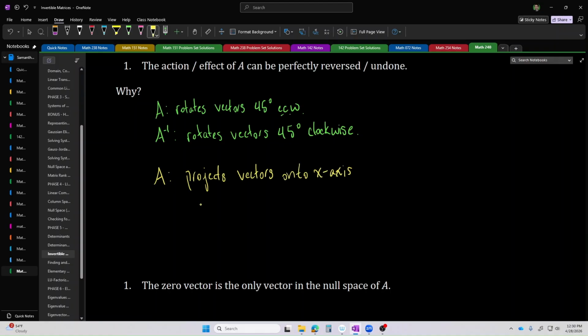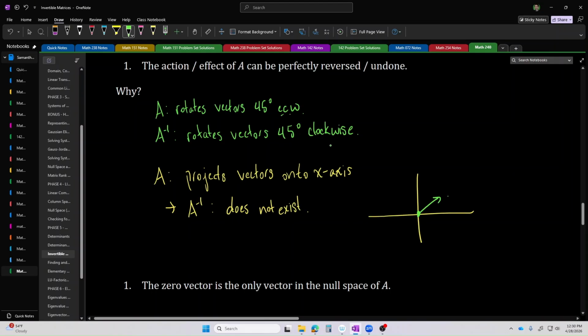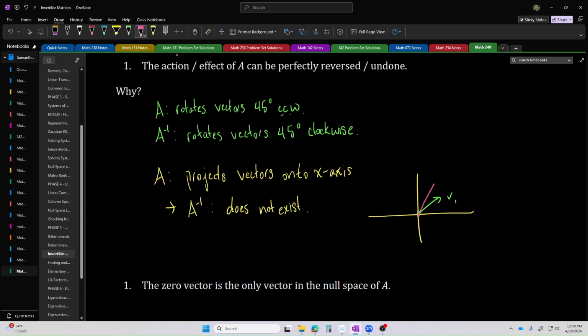If your matrix A is doing a projection, I think in this case that the inverse does not exist. Because it's possible to take two different vectors in two-dimensional space, and after projecting, they look exactly the same and are completely indistinguishable.